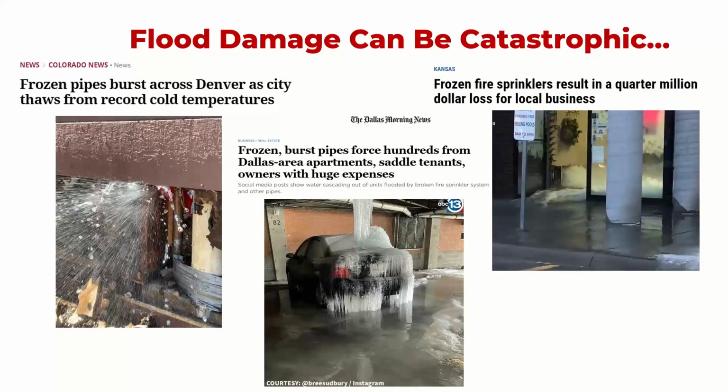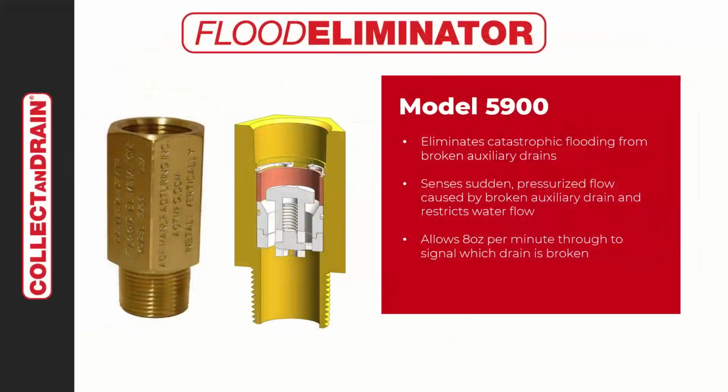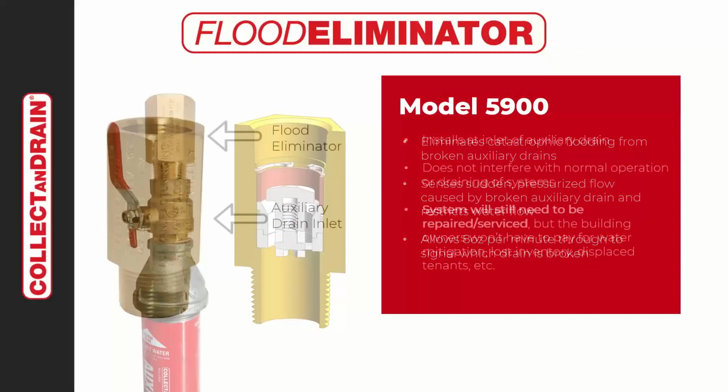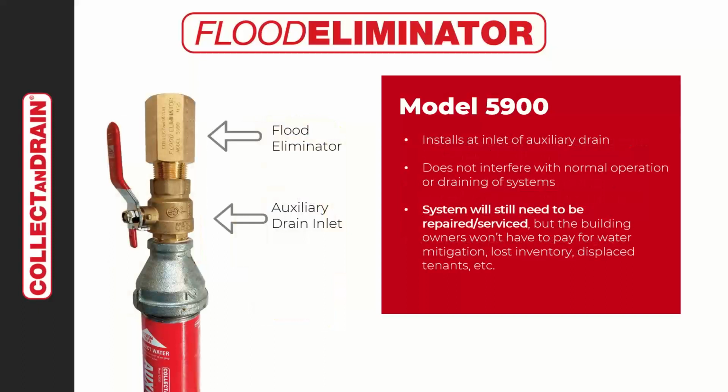Now, as I alluded to earlier with what happened last winter, with systems freezing and breaking in parking garages and in larger facilities like a lot of the athletic facilities, I knew two or three colleges that had severe breaks in the concourse areas of their athletic facilities. So we've just introduced a product called the Model 5900 Flood Eliminator. This device gets installed on the top of a low point drain.